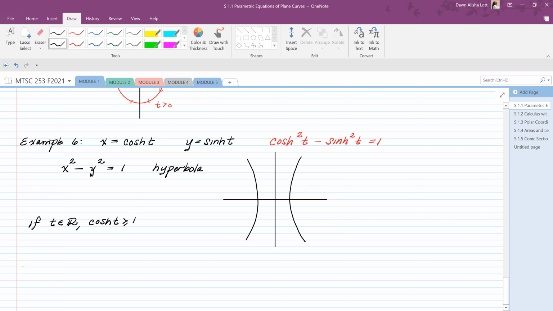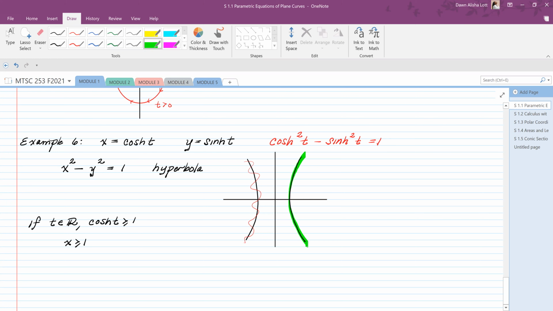Okay. So therefore, that means that x is greater than or equal to 1. So that means that this side of the curve actually doesn't exist. So the only part of this parameterization, and that's what's tricky, is that.